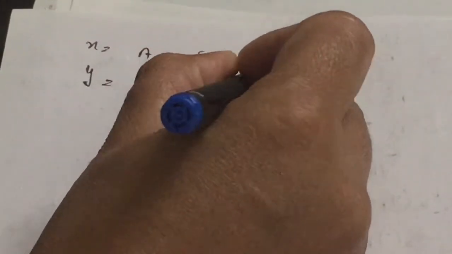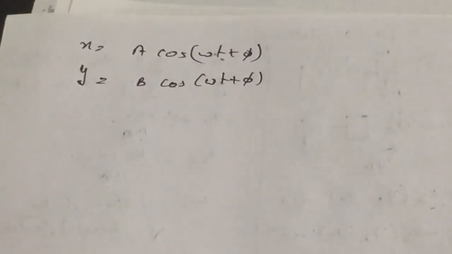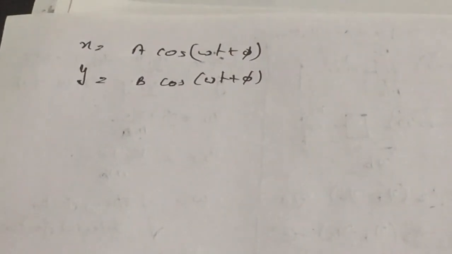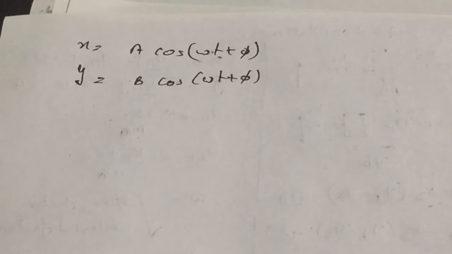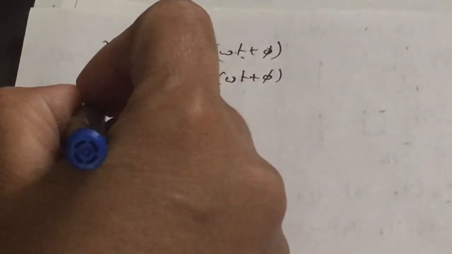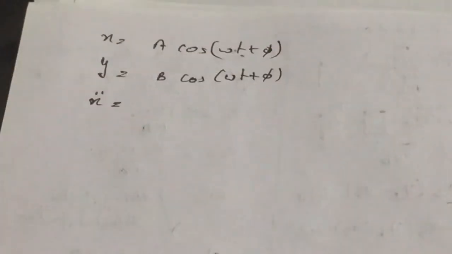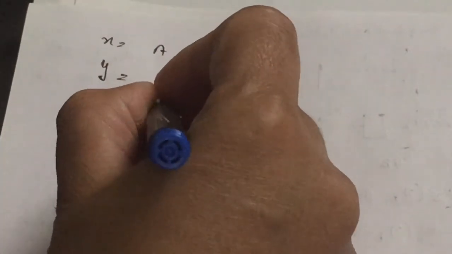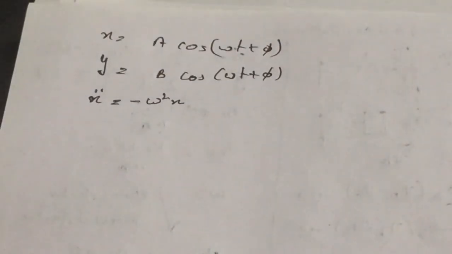Similarly, if the system is representing simple harmonic motion, then y can be represented as b cos omega t plus phi. If x is represented by a cos omega t plus phi and y by b cos omega t plus phi, then what are x double dot and y double dot? We very well know that in the simple harmonic case, x double dot, the acceleration, is equal to minus omega square x, that is displacement.